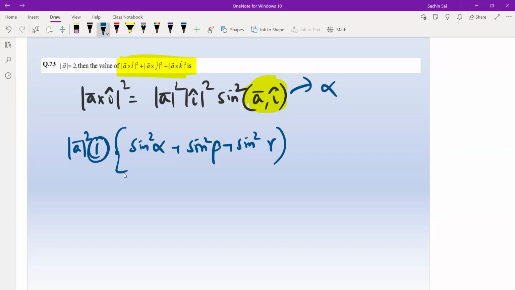And I've taken 1 here because we are finding magnitude of I cap square. So you remember a very familiar result. If a vector makes angles alpha, beta, gamma with the x, y, z axis, then cos square alpha plus cos square beta plus cos square gamma is 1, which means sine square alpha plus sine square beta plus sine square gamma will be 2. So the answer to this question is 2 mod A square, right?